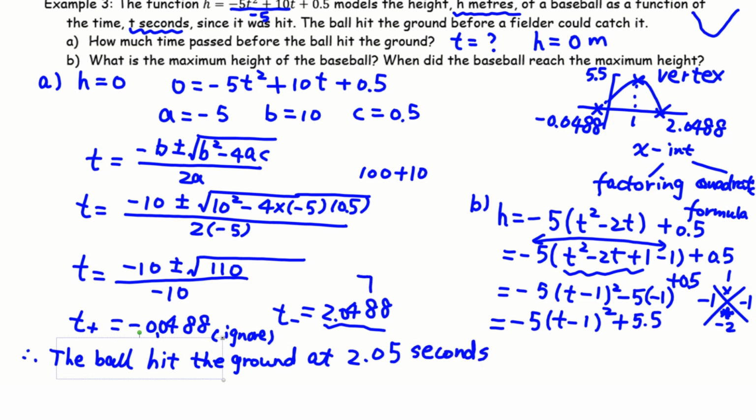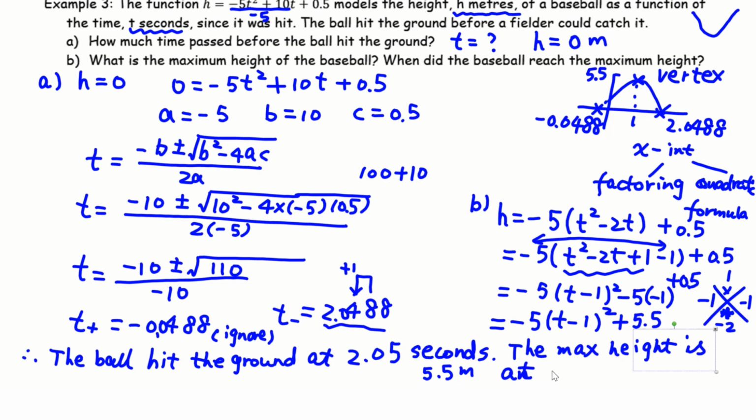Because the third digit is greater than or equal to 5, so we add 1 to the second digit. Then the maximum height. Question B, the maximum height is 5.5 meters, the q value, and at 1 second.